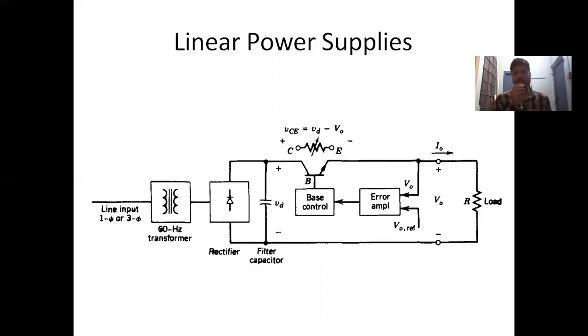This IC was again followed by another capacitive filter to further smoothen out the voltage, and so you had a perfect DC plus 5 volt available on the output. There is a family of these regulator ICs. If you want 12 volt, you go for 7812 instead of 7805, and so on. Okay, that is the most basic linear power supply, and we used to make it in the lab.